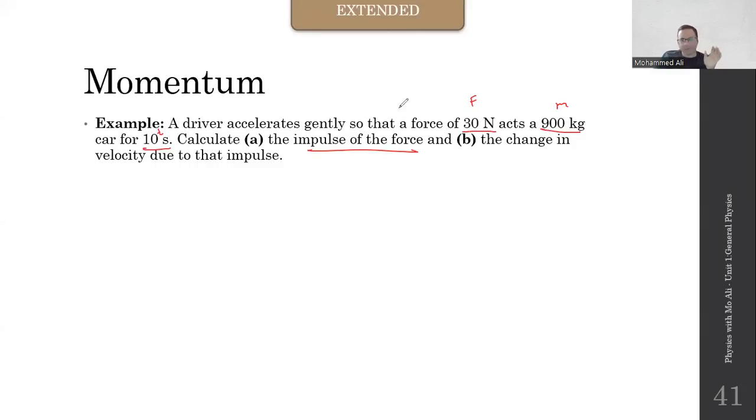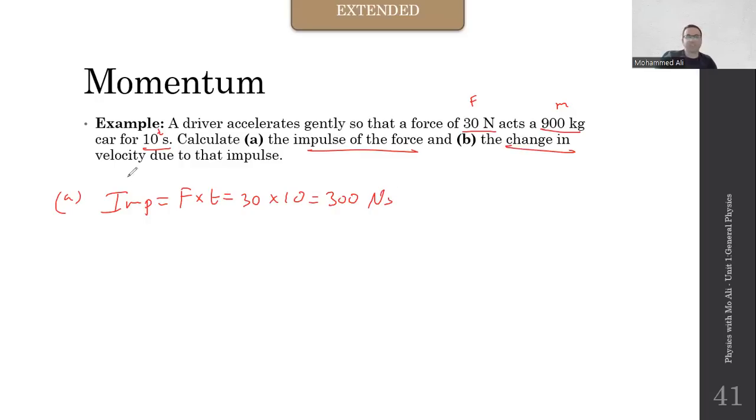What do I have? I have force, I have time, I have mass. What do I use for impulse? Well, I know that impulse is either force times time or change in momentum. I have force and time, so impulse is force times time. So 30 times 10, which is 300 Ns.